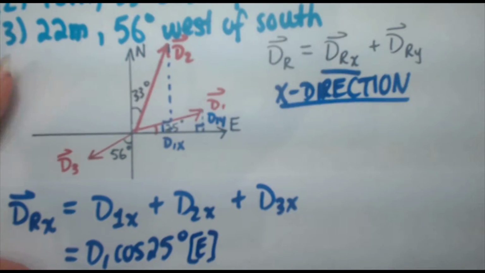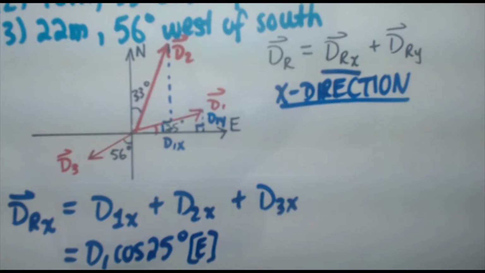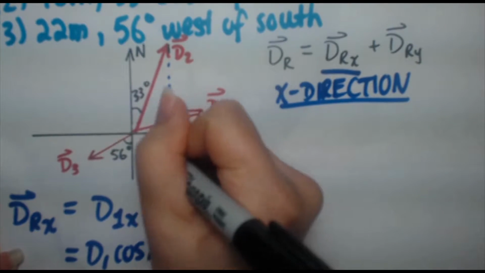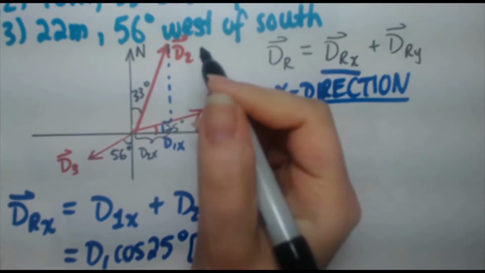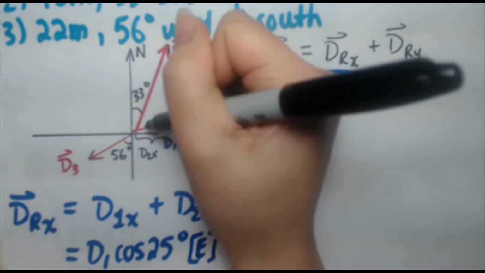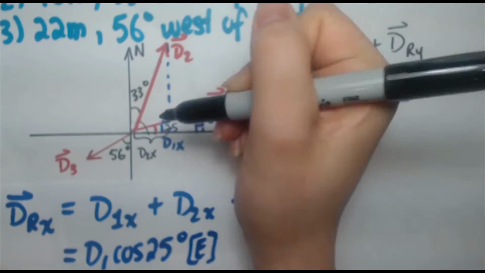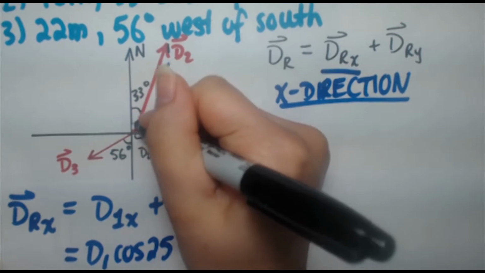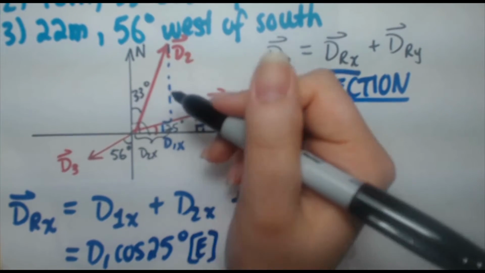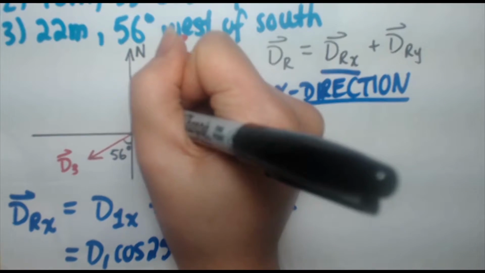If you drop that down, d2x, if you want to look at it as being this number right here, then you have to use the angle here, right? If you're using this triangle, you have to use this angle. Okay, so if that's 33 degrees and the total is 90, 90 minus 33 is going to be 57 degrees.